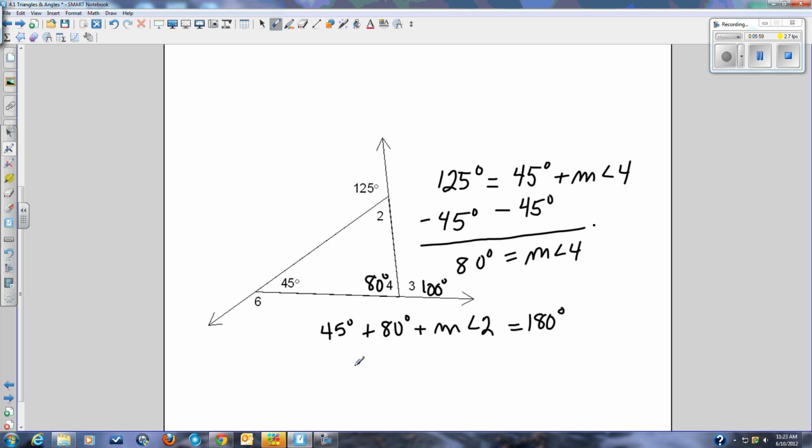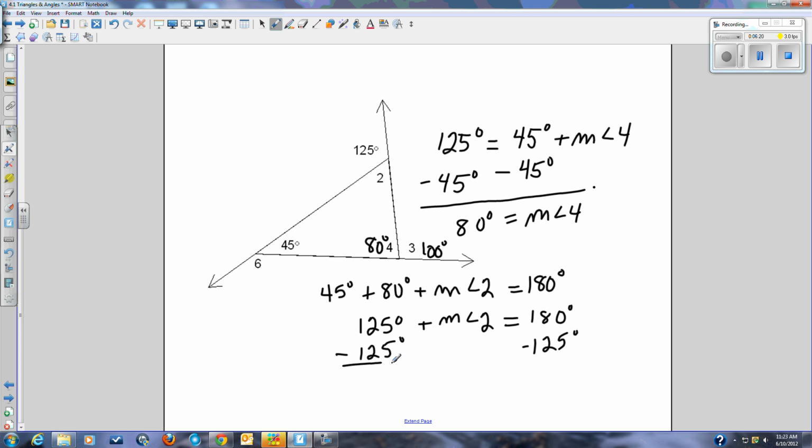So let's go ahead and figure this out. 45 and 80 is 125, plus the measure of angle 2 gives us 180. We solve for the measure of angle 2 by subtracting 125 from each side. So we end up with the measure of angle 2 equals 55 degrees. So we'll label that.